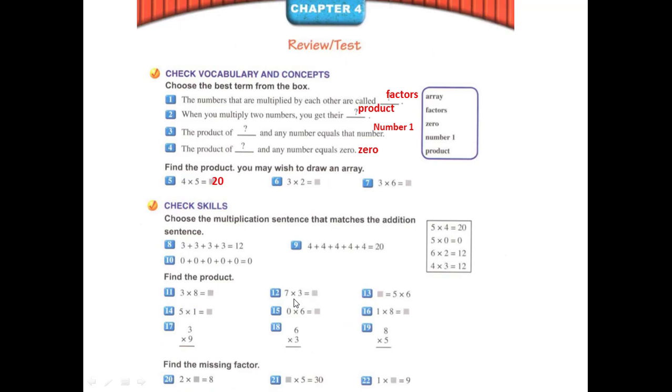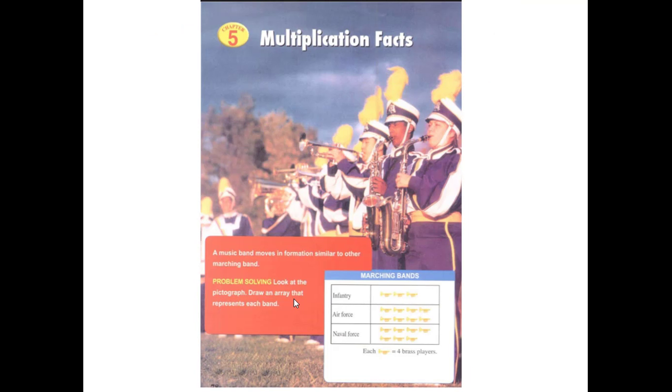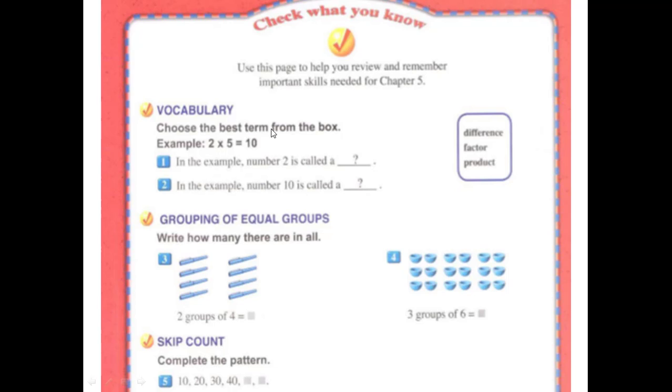Now we have reviewed chapter 4. I'm gonna start chapter 5. Okay, so again it's talking about multiplication with 6, 7, 8, 9 with 10. Okay, an example. In this example, number 2 is what? As I told you, when you multiply 2 numbers with each other, here is a factor.